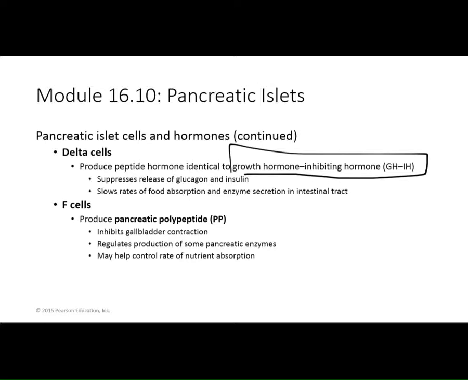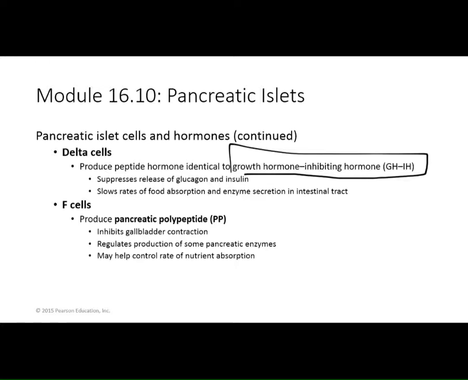Kind of interesting. It has an effect on both of those hormones. And what it's really doing is slowing down the rate of absorption. In other words, it's controlling the speed that food goes through the intestine and the absorption rate of the nutrients.